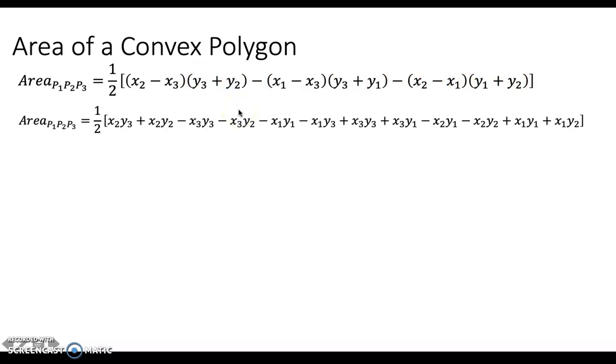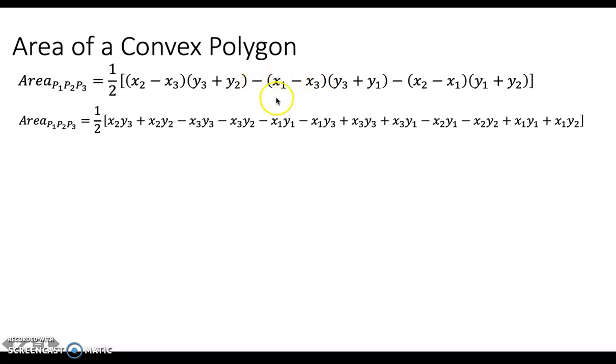So we will have 1/2 of x sub 2 y sub 3 plus x sub 2 y sub 2 minus x sub 3 y sub 3 minus x sub 3 y sub 2, minus x sub 1 y sub 3 minus x sub 1 y sub 1 minus x sub 3 y sub 3 plus, because negative times negative is positive, x sub 3 y sub 1.